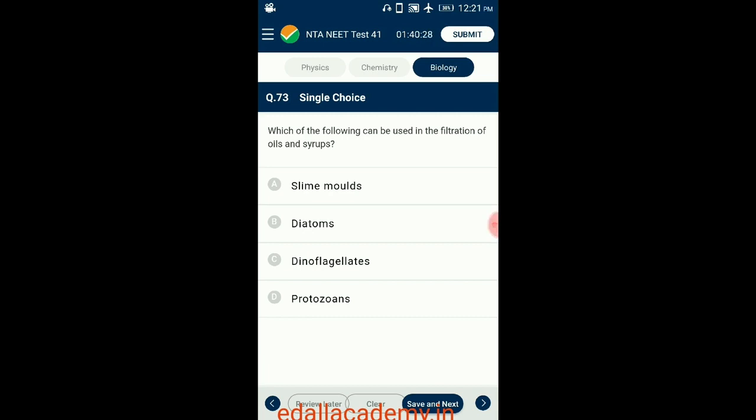This accumulation over billions of years is referred to as diatomaceous earth. Being gritty, this soil is used in polishing and filtration of oils and syrups. So the answer for this question is option B, diatoms. Diatoms are used in filtration of oils and syrups.